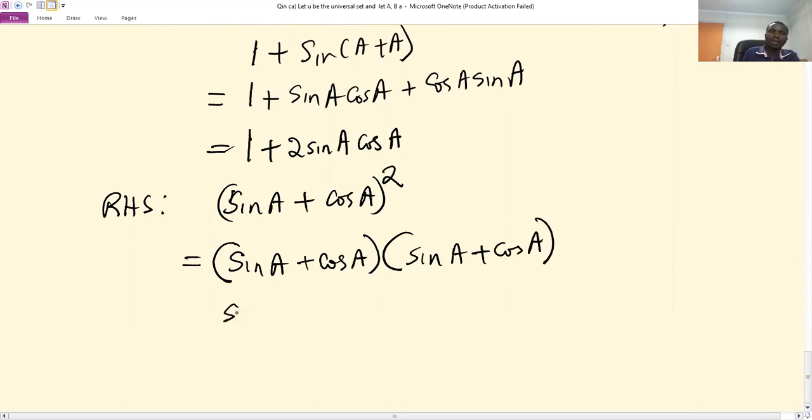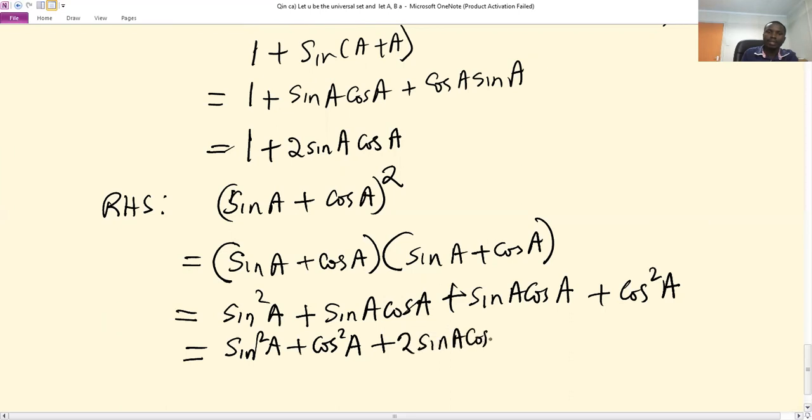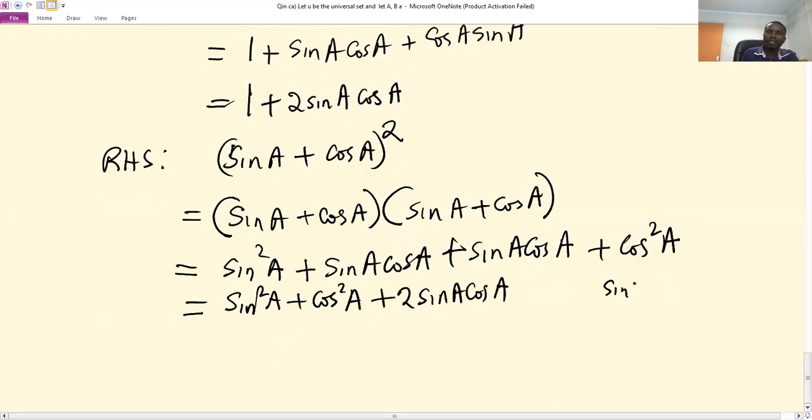So we'll have sine squared A plus sine A cos A. Cos times sine is sine of A cos of A. Cos times cos is cos squared A. But you can rearrange this one as sine squared A plus cos squared A. These are two of them, 2 sine A cosine of A. But we know that sine squared of theta plus cos squared of theta is 1.